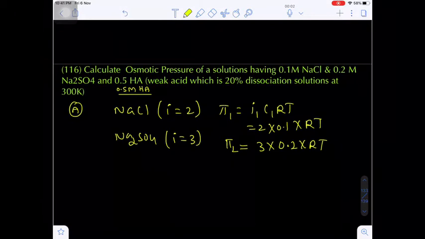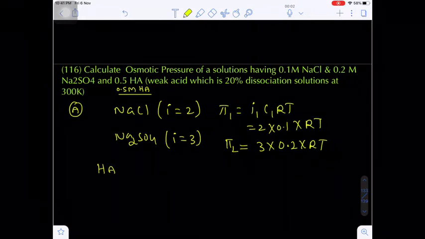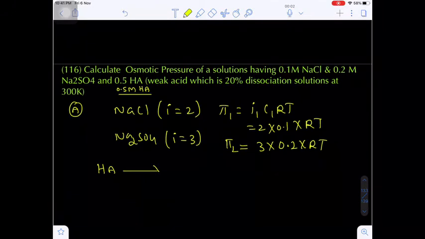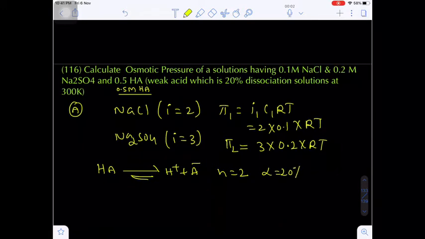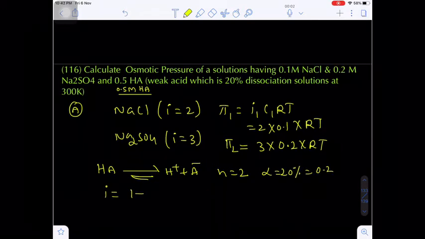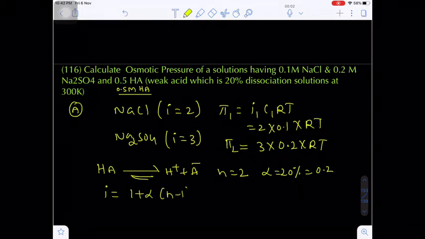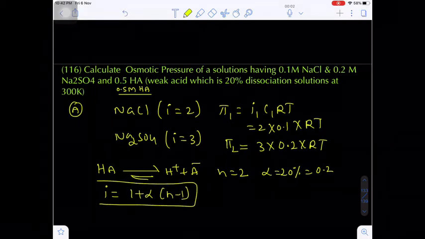And the third solute here is the weak acid HA. Now HA, how does it dissociate in aqueous medium? As an H plus ion and A minus ion. Number of particles in the solution is 2. Now what is the alpha value given? 20%, in the sense 0.2. How to find the iota? Iota is equal to 1 plus alpha into n minus 1. Yes or no?